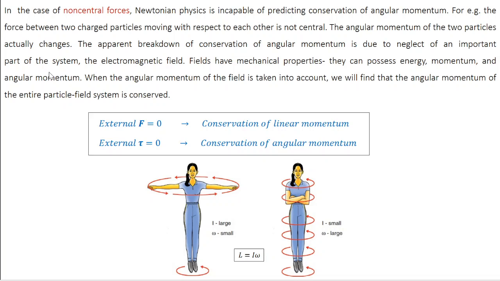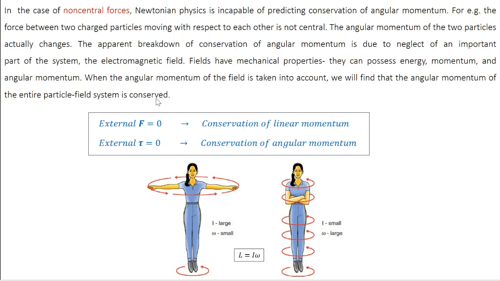So if you consider the angular momentum of only the two charged particles, clearly that is not conserved. But if you take into account the angular momentum of the field as well, you will find that the total angular momentum, which is the angular momentum of the particle plus the field, will be conserved.